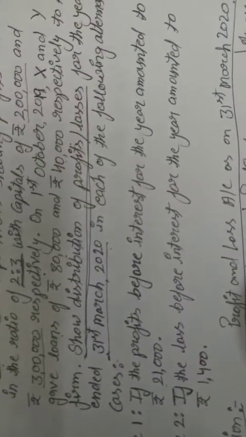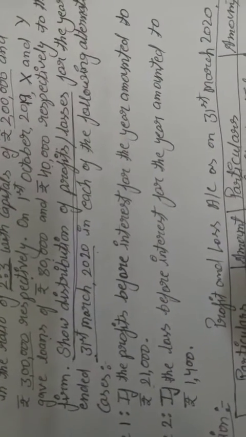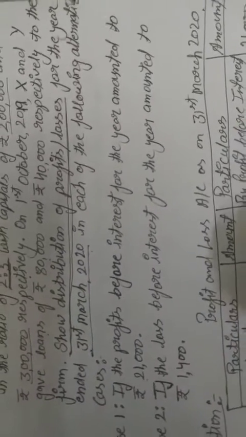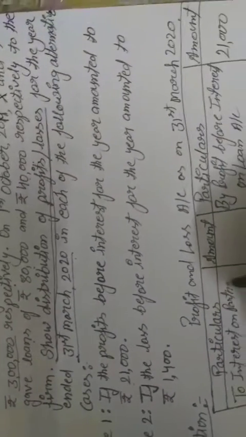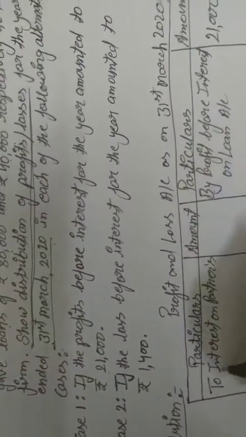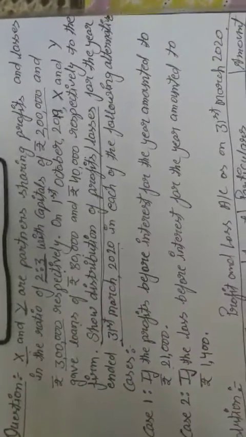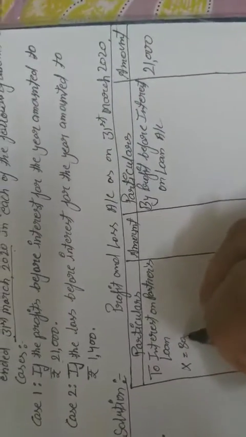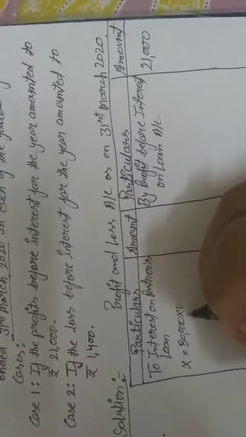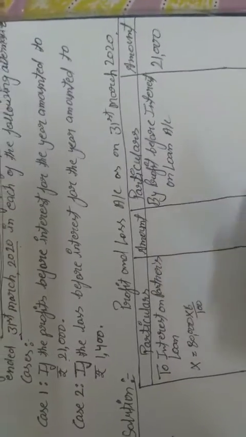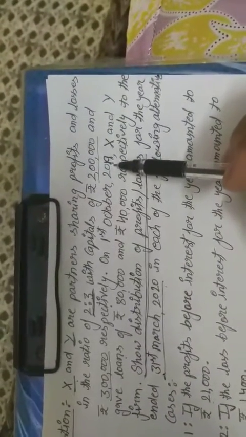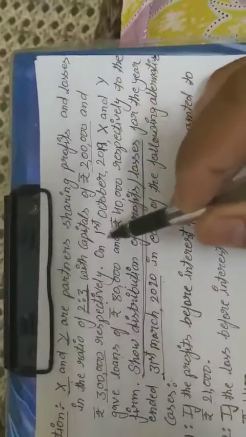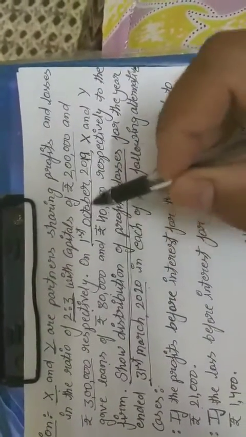Interest on partners' loan. First one was X. What will be the interest for X? 80,000 rupees, rate of interest 6%, and time will be calculated from 1st October 2019, because they have given the loan to the firm on 1st October 2019.